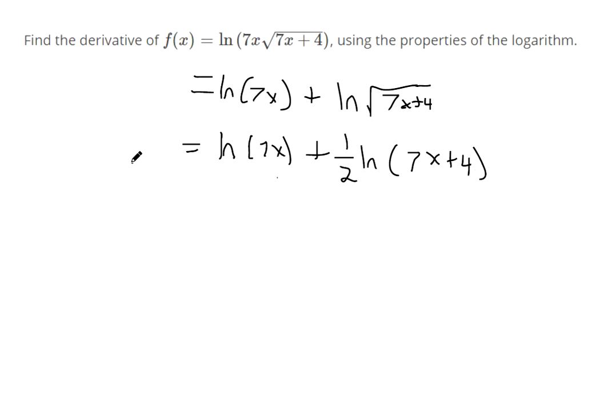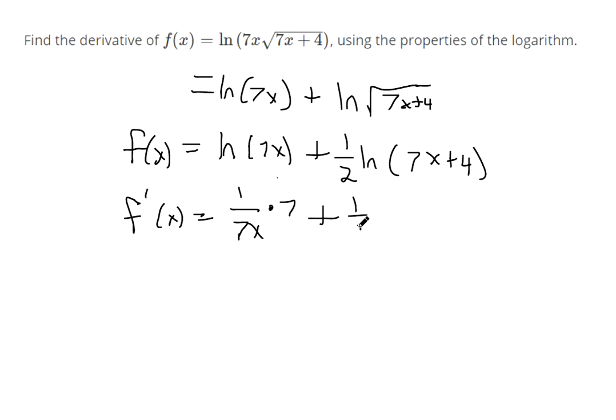Now things are easier if I want to evaluate a derivative, because with derivatives we can go term by term. It's kind of like it can distribute. So the derivative of natural log 7x is going to be 1 over 7x, but then times 7 because of the chain rule, right? Innermost function derivative is 7 there.